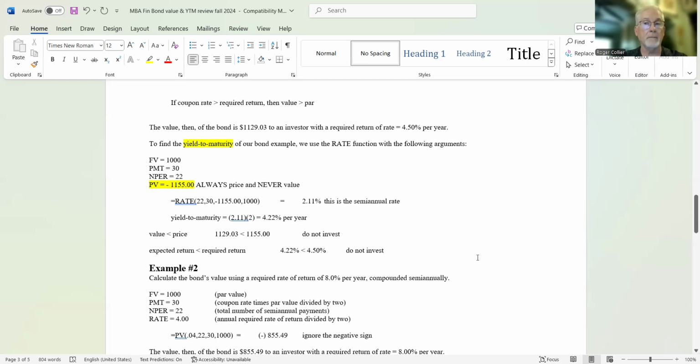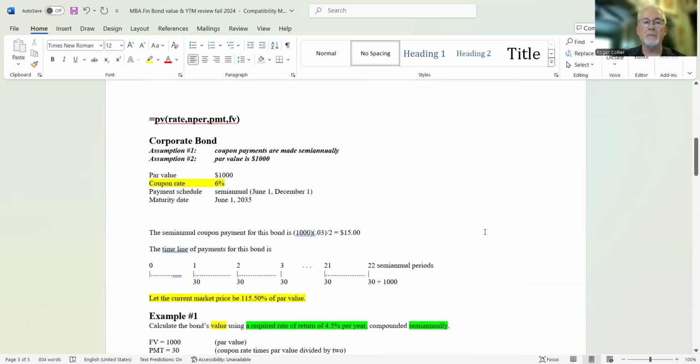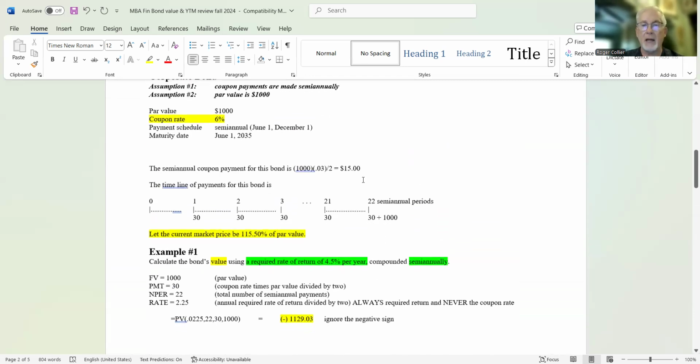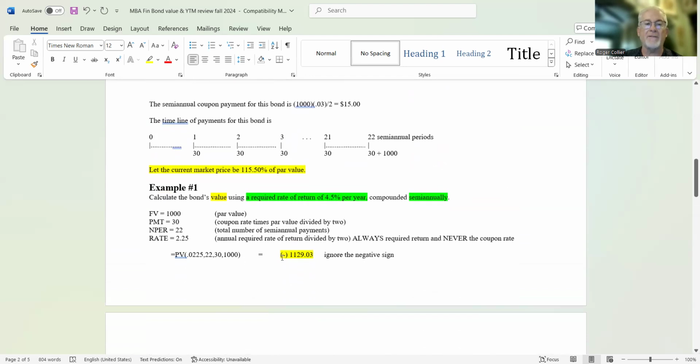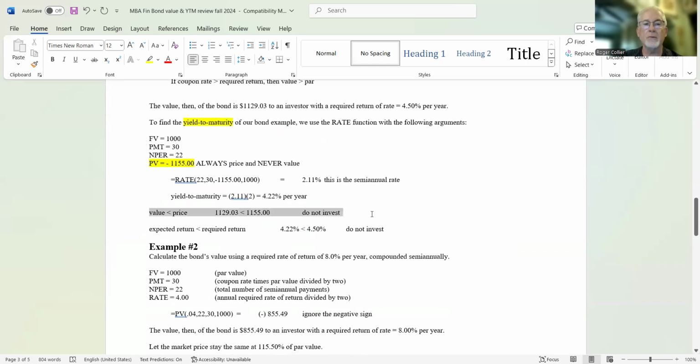Okay. All right. So what we've done here is taken these four characteristics, used them to build a timeline. I gave you the required return and you used it to find value. 1129.03 value. Then we compared that value to the price. Okay.